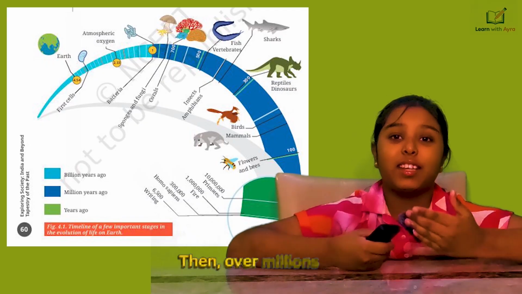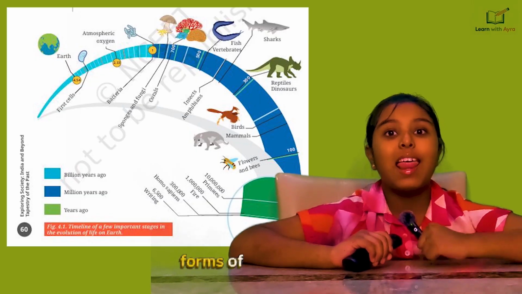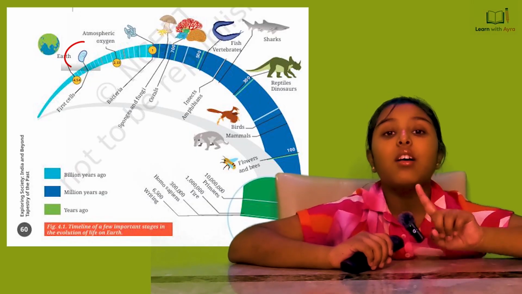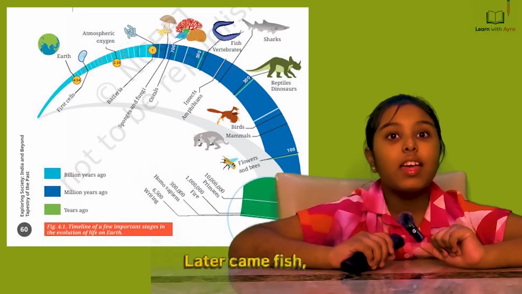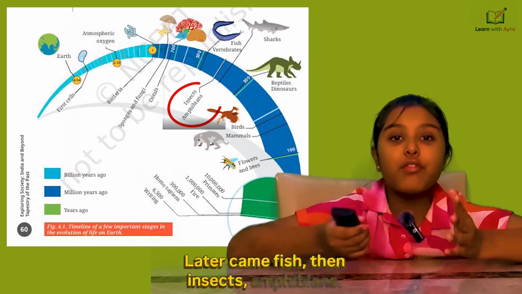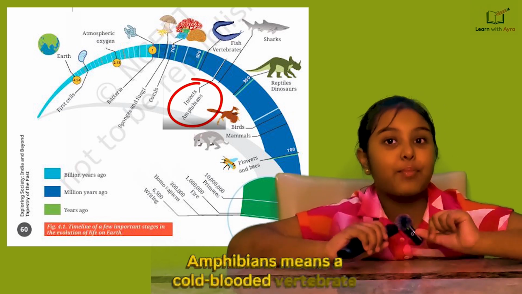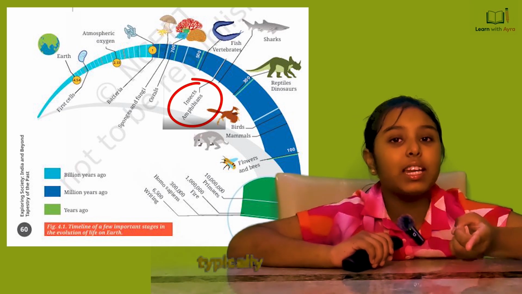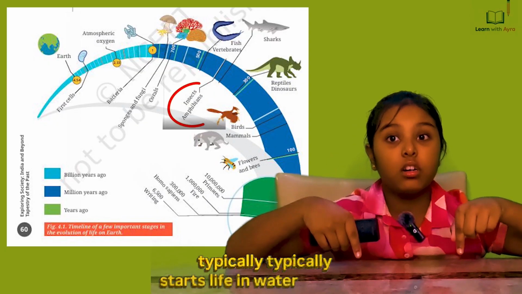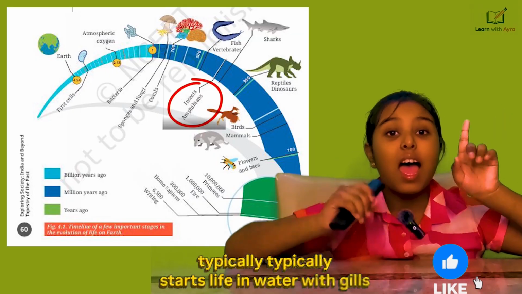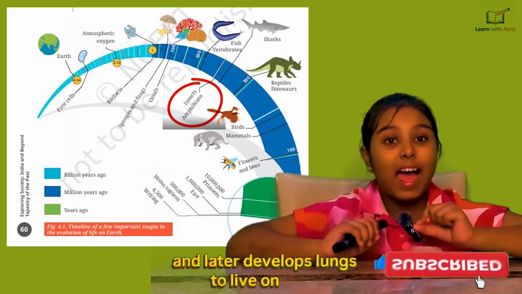Then, over millions and billions of years, different forms of life appeared. First came tiny living cells, later came fish, then insects, amphibians. Amphibians means a cold-blooded vertebrate animal that typically starts life in water with gills and later develops lungs to live on land.